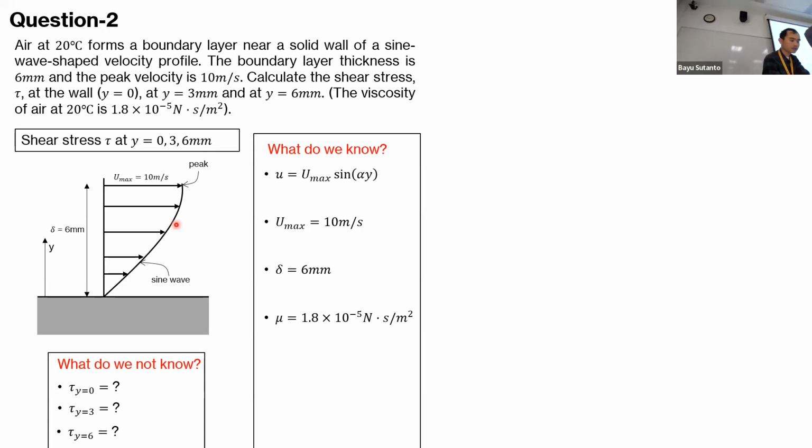This is sine. In this case, we take this area from 0 until pi per 2, because this is the minimum and this is the maximum. So keep in mind that the sine profile is minimum 0 and maximum pi per 2.